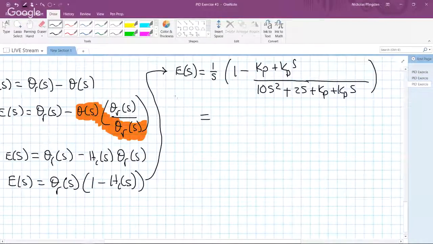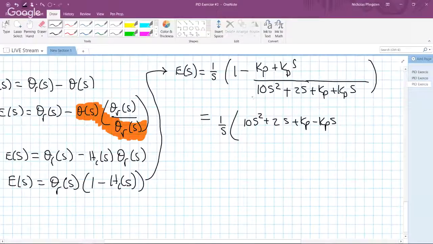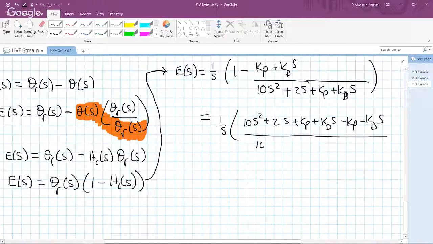So we're going to have 10S squared plus 2S plus Kp plus Kd of S minus Kp minus Kd of S, all over 10S squared plus 2S plus Kp plus K sub D of S. And then we have that.